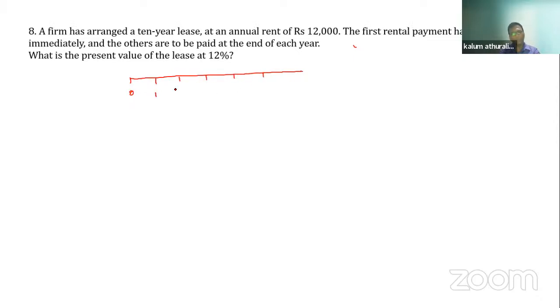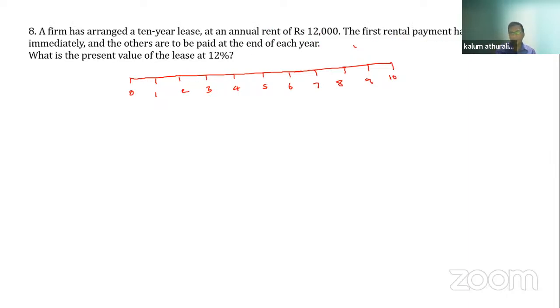It's 0, 1, 2, 3, 4, 5, 6, 7, 8, 9, and 10. The annual rental is 12,000.